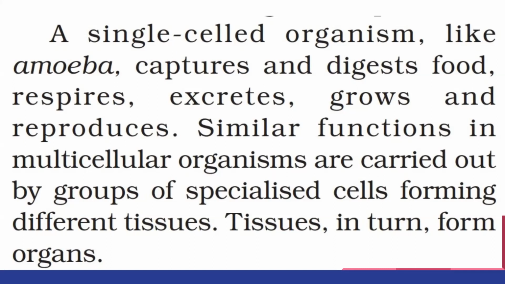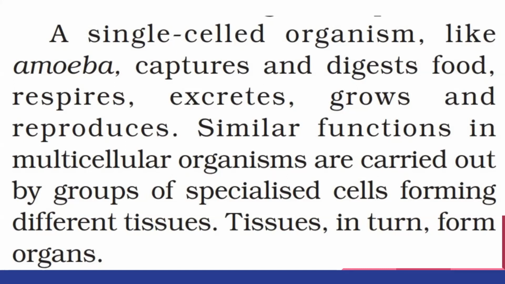So these are the different activities done in unicellular organisms. But in the case of multicellular organisms, these similar functions are carried out by groups of specialized cells forming different tissues. That is, if you take the case of a multicellular organism, there are groups of cells which are called tissue for performing a definite function.